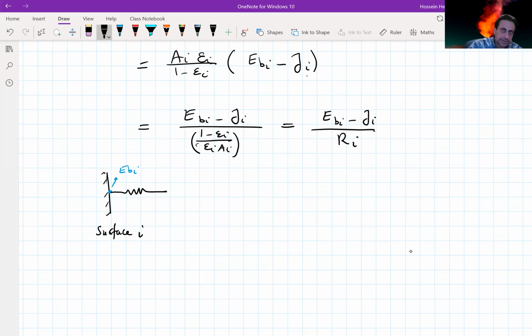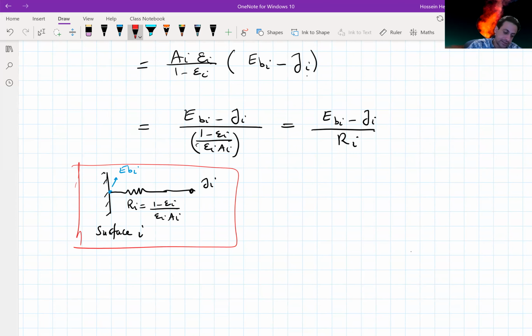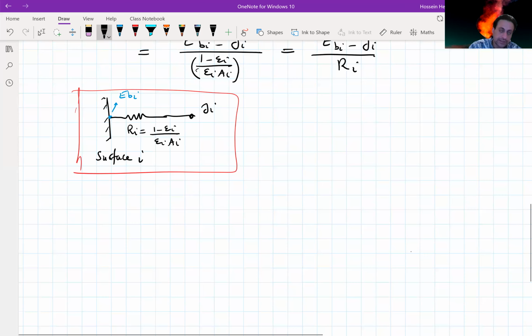We show it by Ri, which is 1 minus epsilon I over Ai epsilon I. And here we have Ji. Now from Ji, it could go to the different surfaces that we have. So really, this is the general picture that we have when we are dealing with real or gray surfaces.